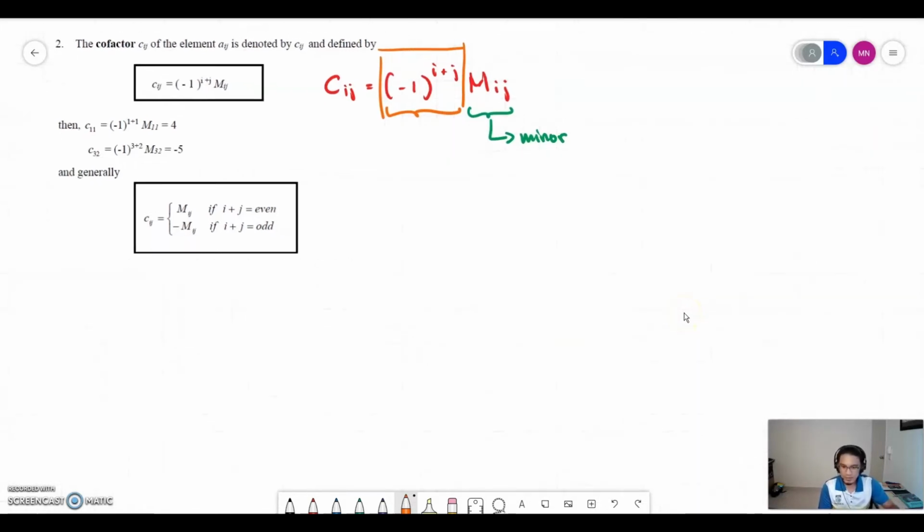From the matrix A, let's say we have matrix A that is equal to A11, A12, A13, A21, A22, A23, and A31, A32, and A33.